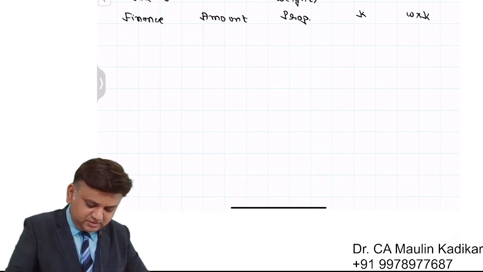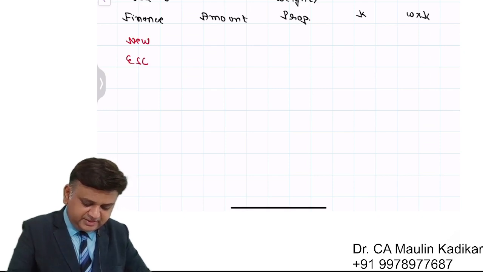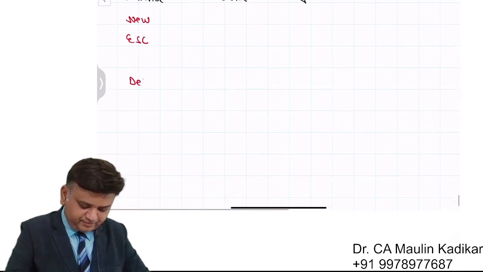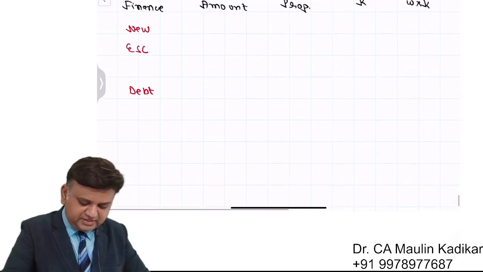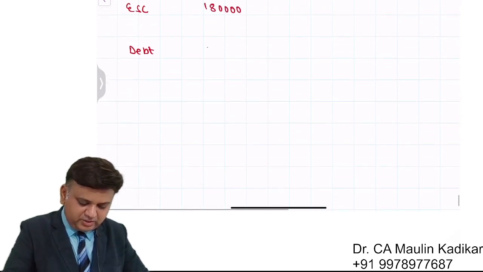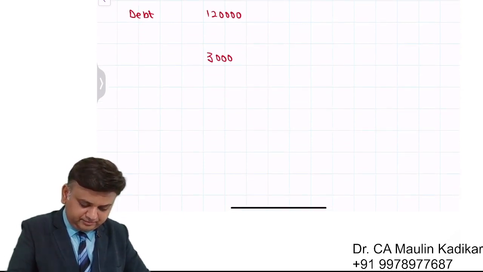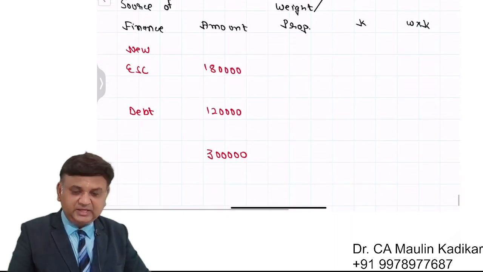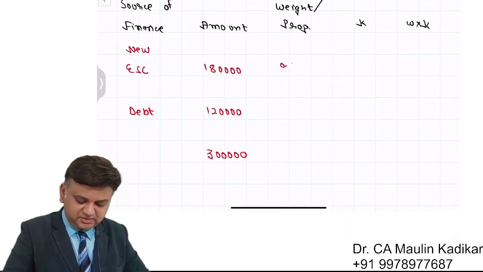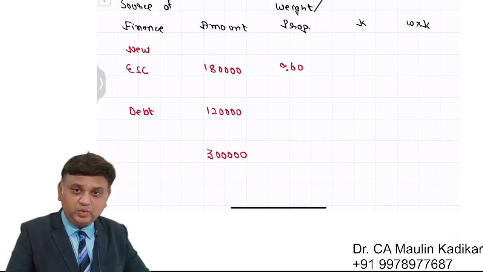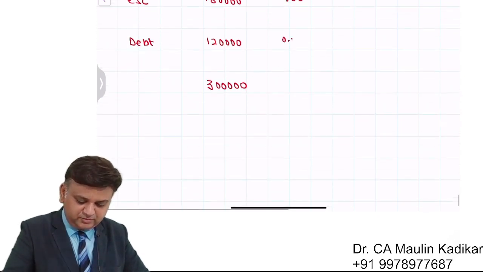Source of finance: new equity share capital and debt financing. 180, 120, and the total will be 3 lakhs. 180 upon 3 lakhs is 0.6. 120 upon 3 lakhs is 0.4.